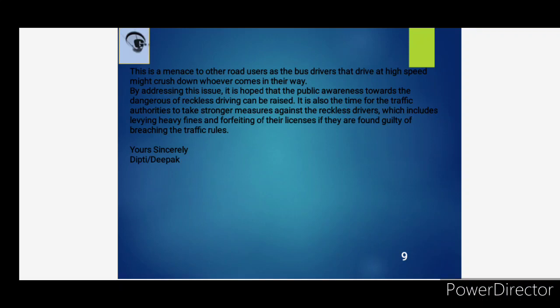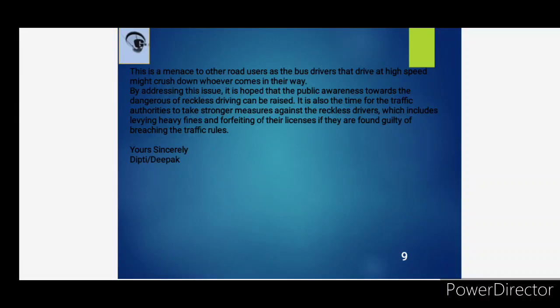So this is how you end your body, right? And at the end, you write the subscription or the complimentary closing, Yours sincerely, followed by your name. So this is how you write a letter to the editor.